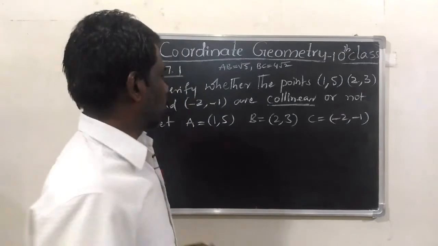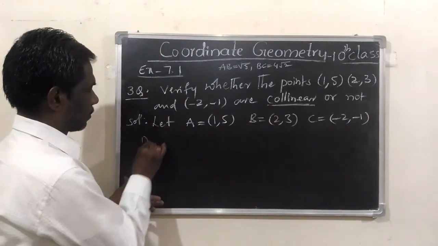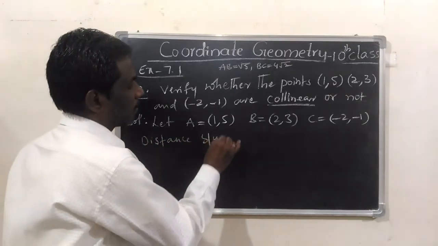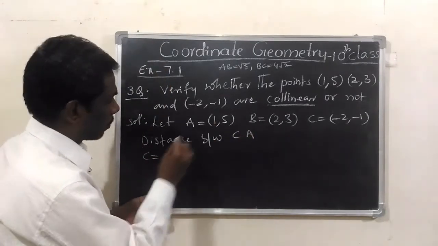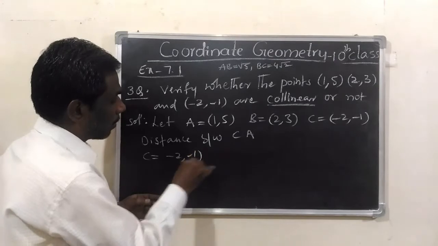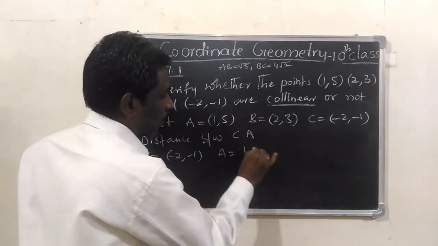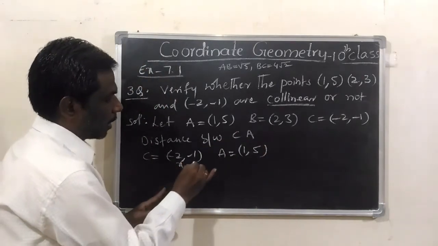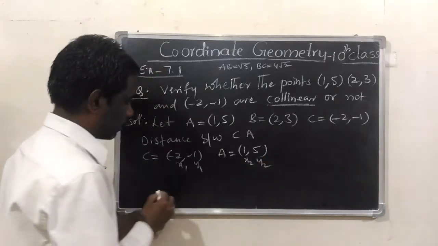Now I am going to find the distance between CA, where C equals minus 2 comma minus 1 and A equals 1 comma 5. Let the first point coordinates be x1, y1 and the second point coordinates be x2, y2.